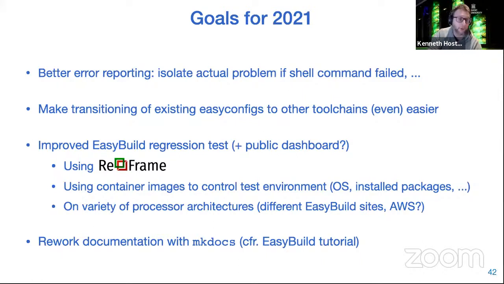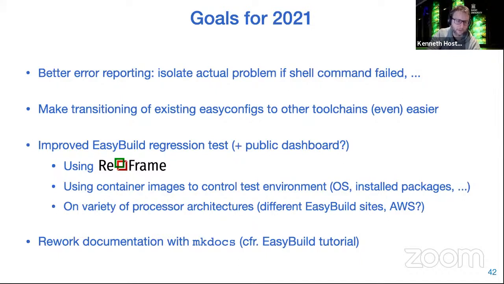So the better error reporting is something I certainly want to actively work on and make it easier for people to diagnose problems, actually pinpoint what the issue was, why an installation failed, and hopefully that enables them in fixing the problem themselves, or at least they can more accurately report the problem either in the Slack channel or through the mailing list or through a GitHub issue or so on. So we get a more focused effort there.